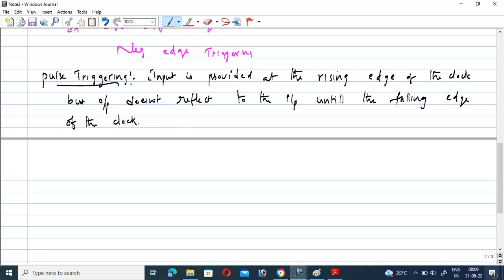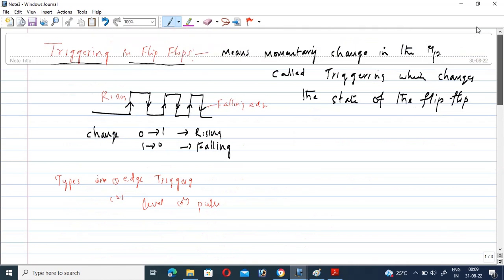So this is what is meant by triggering. Triggering means a momentary change in the clock. It may be 0 to 1 or 1 to 0. That is generally called triggering. Based on the positive and negative edges of the clock pulses, if the triggering happens, that is edge triggering. One more classification is pulse triggering.